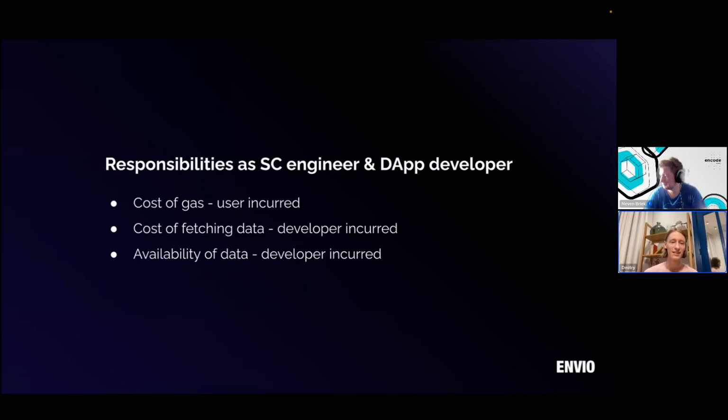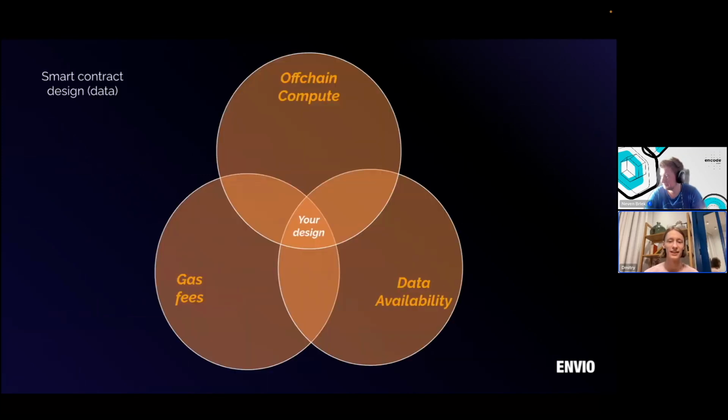So when we design a contract, we really need to sit on 3 chairs at the same time. It's not an easy feat because we need to think about gas fees, data availability, and also how we can use the data off chain, and we need to put our contract design somewhere in the middle of these 3 points so we can build a really nice Web3 application which scales with time, and we don't have problems in the future with any of these points.